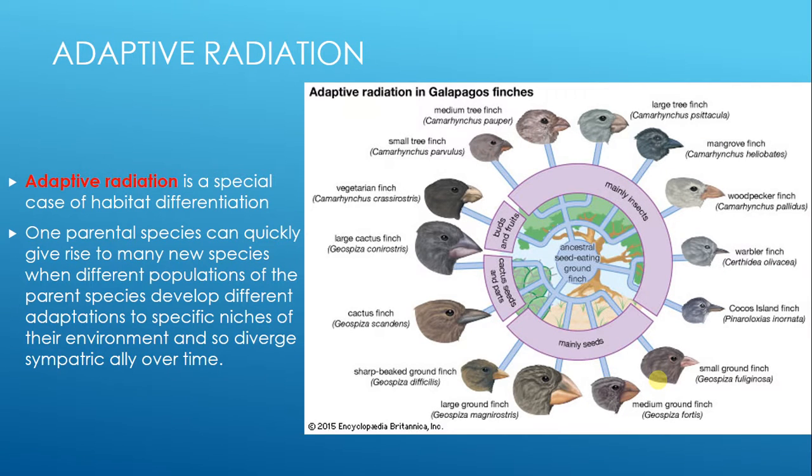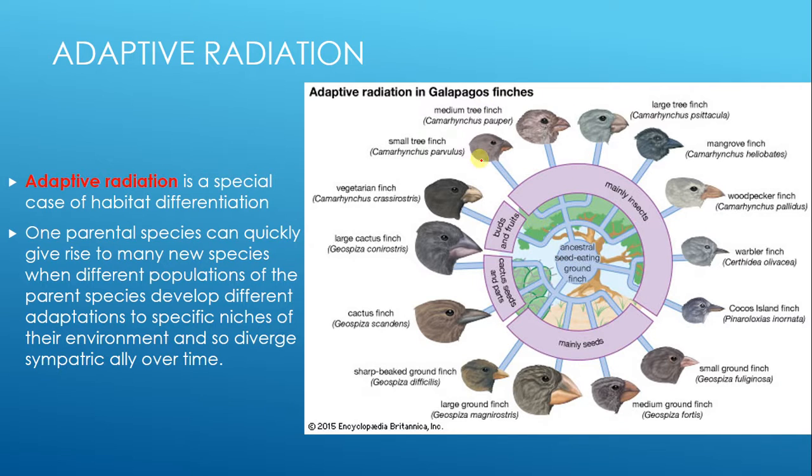A special kind of habitat differentiation is called adaptive radiation, and this is when one parental species quickly gives rise to many new species when different populations of that parental species end up developing different adaptations to specific niches of their environment, and so they diverge. And this is what happened with the finches in the Galapagos.